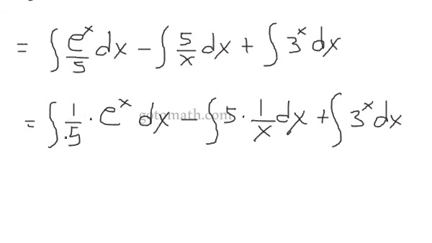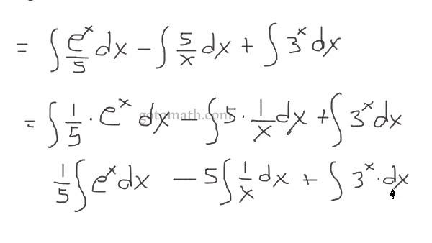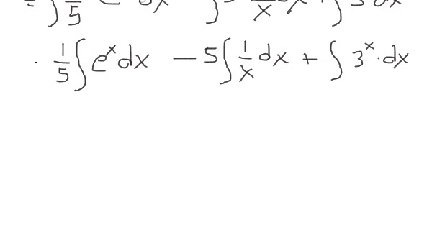And so you would take this coefficient and bring it out front of the integral sign, which now we have e to the x dx minus, I'm going to bring this 5 out front, and there's not much more we can do there. That's just 3 raised to the x times dx. Of course, we need to throw an equal sign out here since they're all equal.